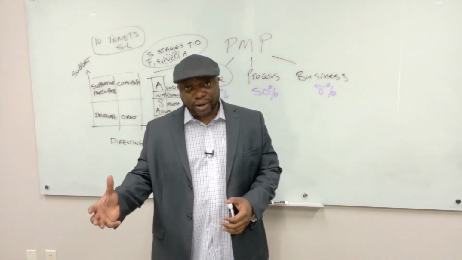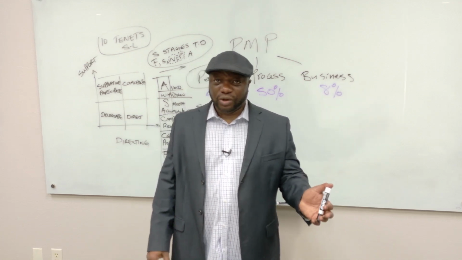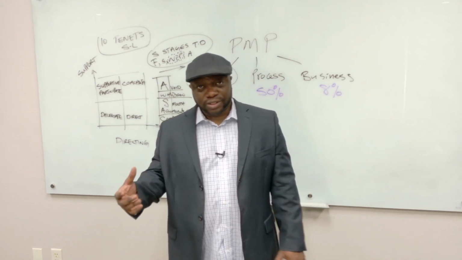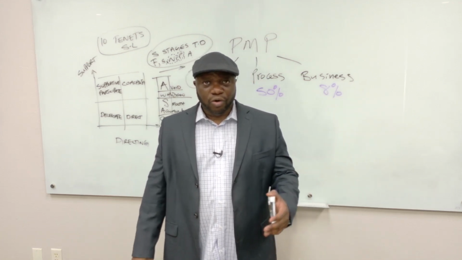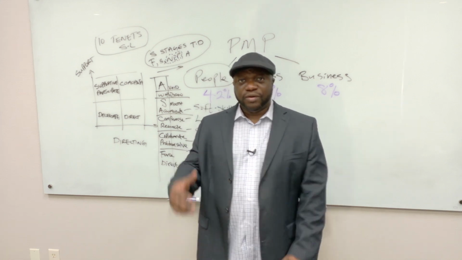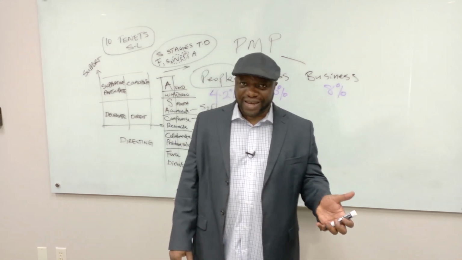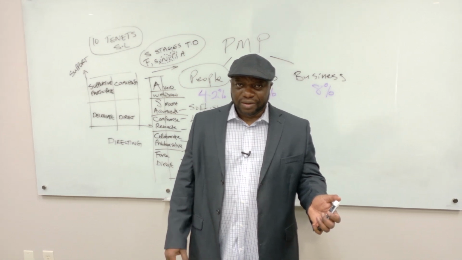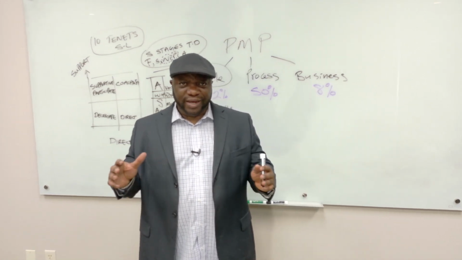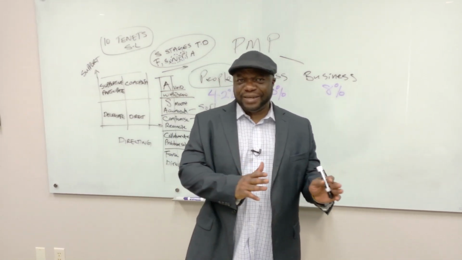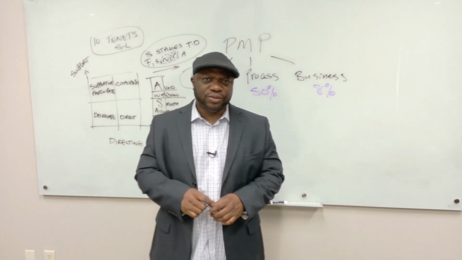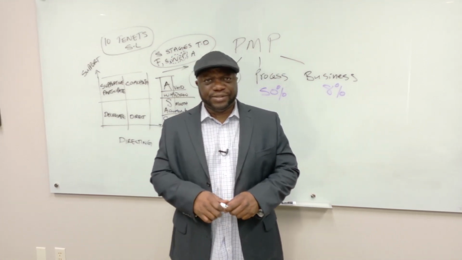Value working product over comprehensive documentation. Value customer collaboration over contract negotiation. Value responding to change over following a plan. See? So when you put all of these together, it is a very humanistic, value-focused set of ideas.